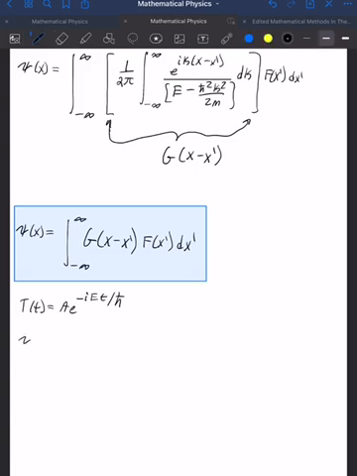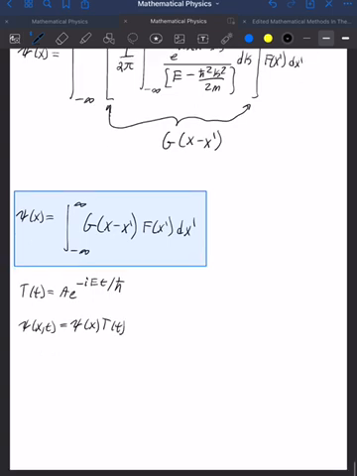And so psi of x and t, remember we defined that psi of x and t is a product of psi of x and T of t. That's what we defined initially.